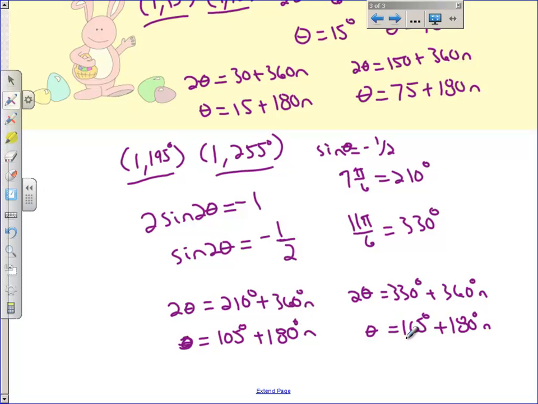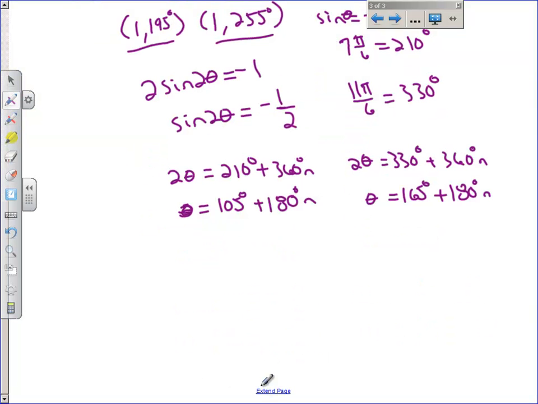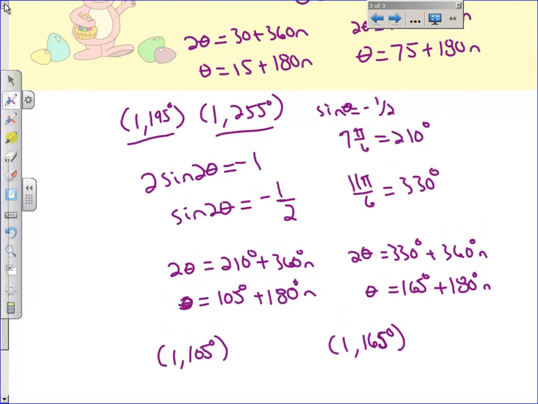Make sure that's right, yeah, that's 330, okay. So my next points of intersection would be (1, 105 degrees) and (1, 165 degrees). Let's go back up there and see if that gets me other 2 points that make sense.